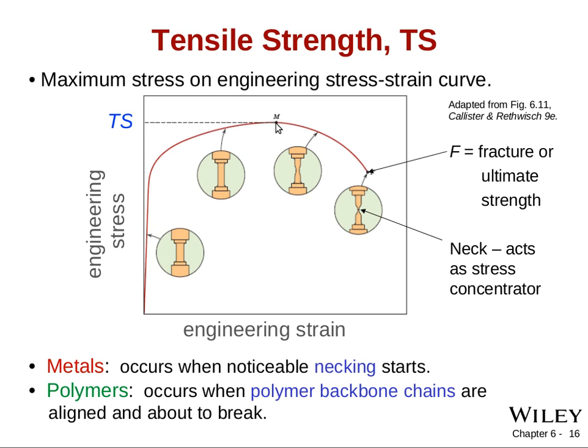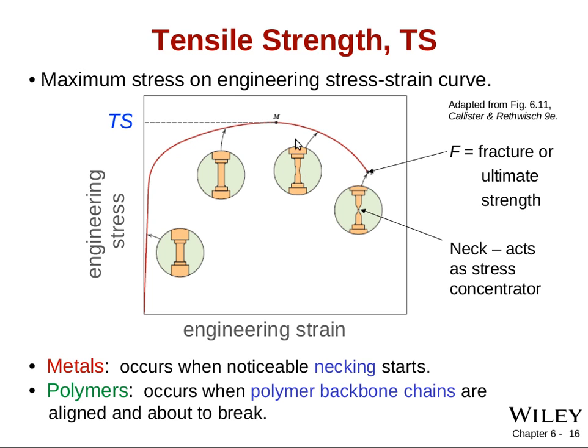Originally, you're going to get to a point where you can't apply any more force. You can't apply any higher stress on your sample because it starts to fail. So right here at the tensile strength, which is the highest engineering stress that a sample can take before it starts necking.